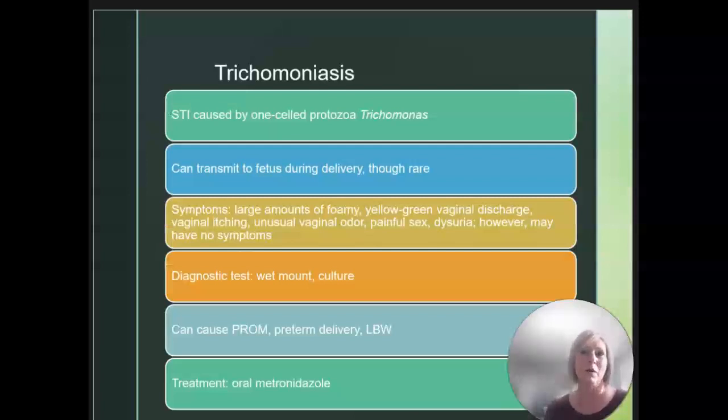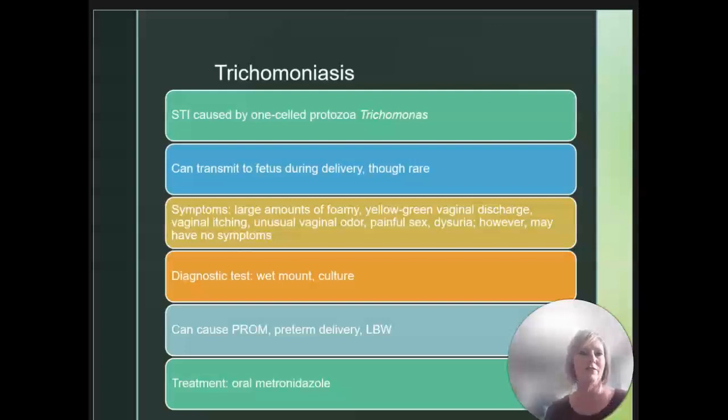Trichomonas is an STD, but it's a protozoan, so it's not a bacteria and it's not a virus. It can be transmitted to the baby through delivery, but that's very rare. Symptoms include a very foamy, yellow-green vaginal discharge.